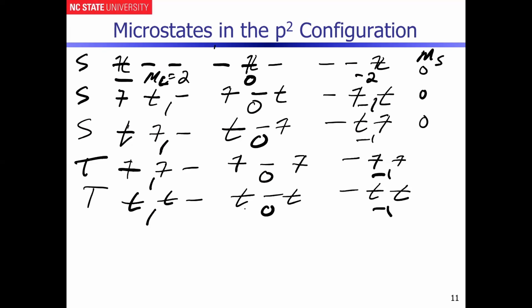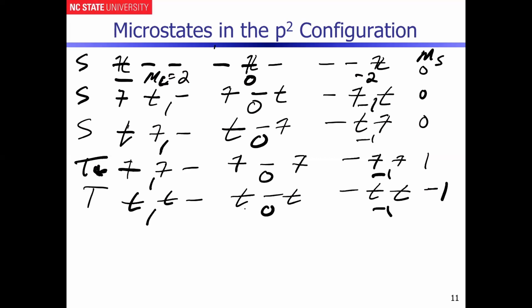So it's really easy to keep those values straight. And then all we have to worry about now is the ms values. Obviously, in this first triplet, these are all +1/2, so the ms values in all of those cases are 1. And when they're spin down, they're -1/2, so all those values are -1.